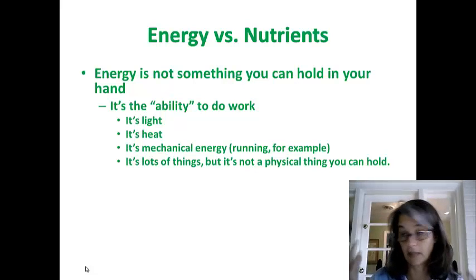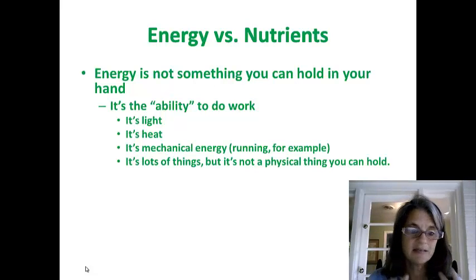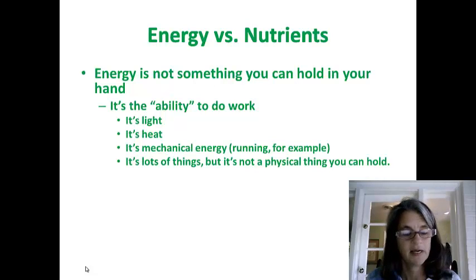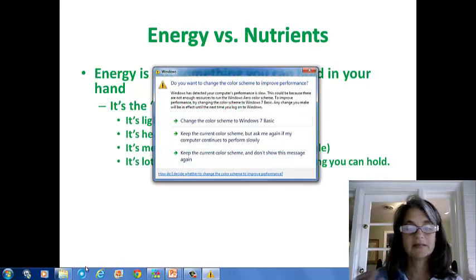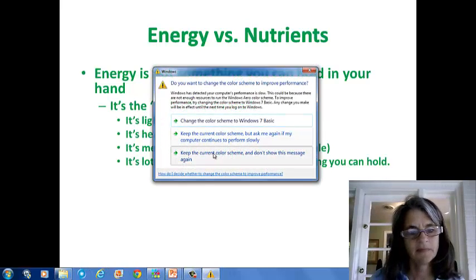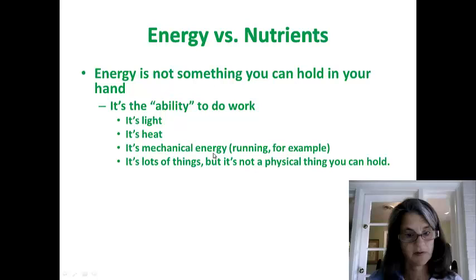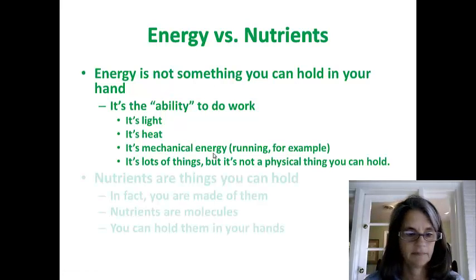It's light energy. It's heat. We can feel the heat, but again, you can't really hold it in your hand. It's mechanical energy, the running that you might do. It's a whole lot of things, but it is not a physical thing that you can hold in your hand, okay?